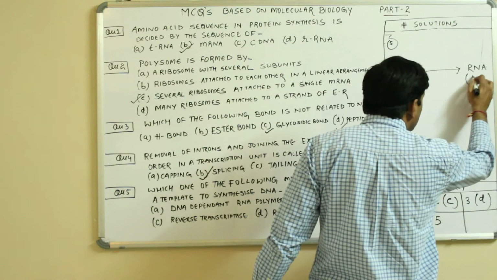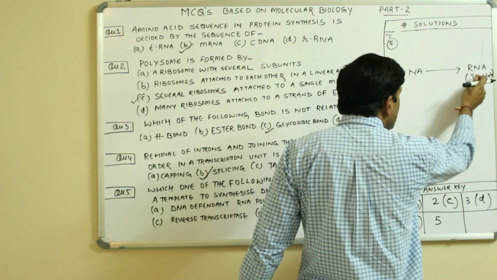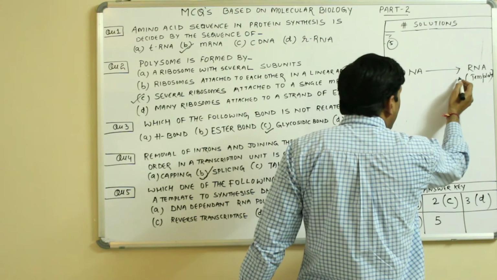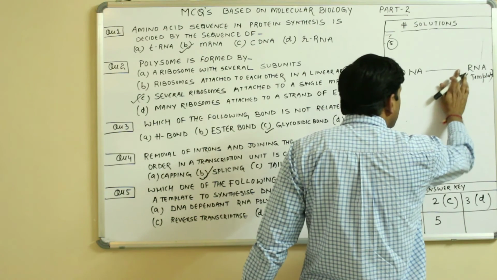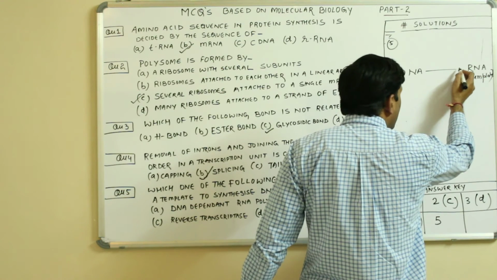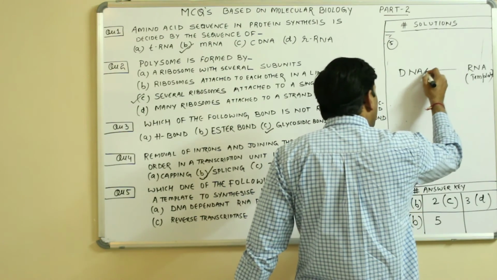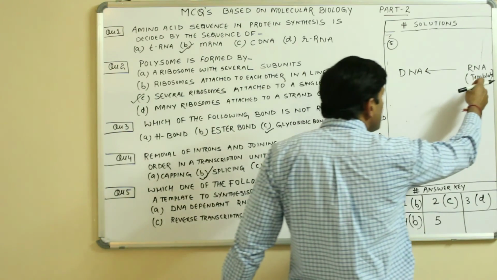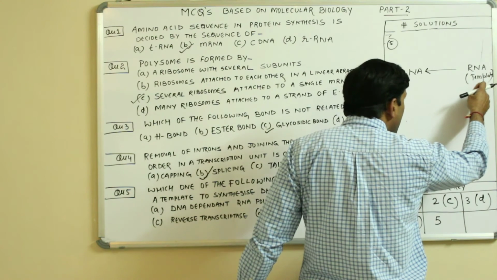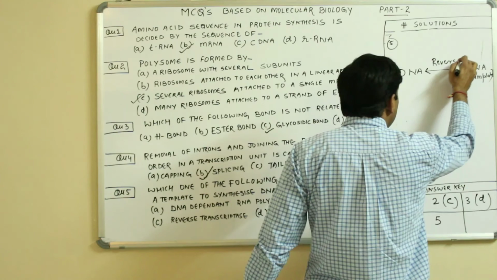But sometimes this RNA can act as a template, and instead of DNA forming RNA, the RNA may form the DNA.